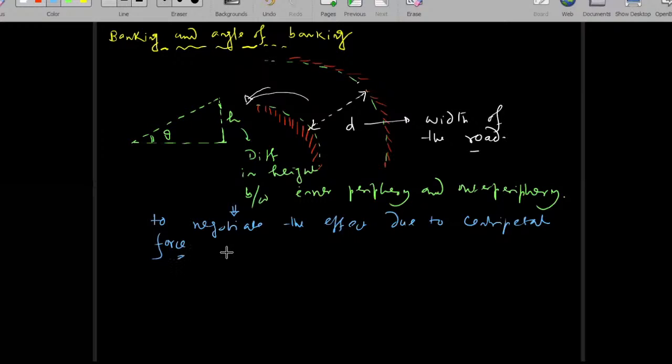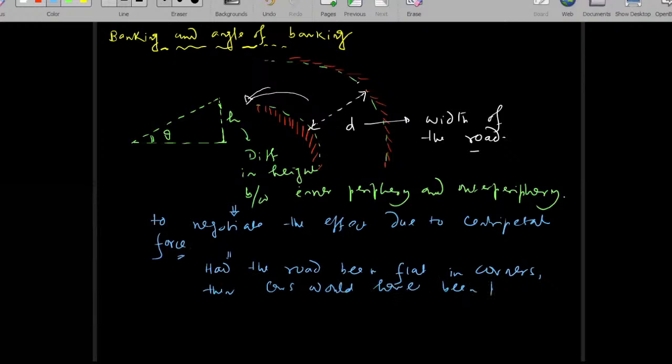Because in the bending, had the road been flat, in corners, then cars would have been toppled easily, because there will be no force to counterbalance this centripetal force.